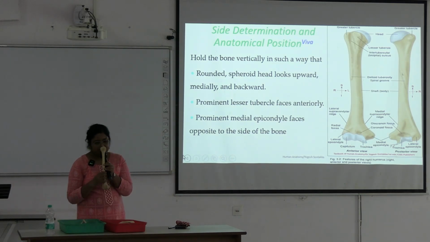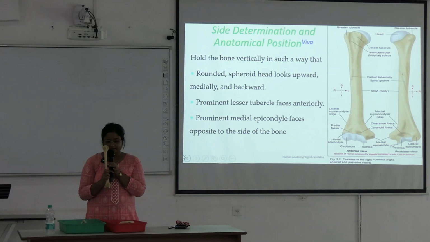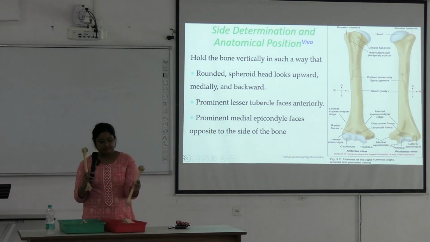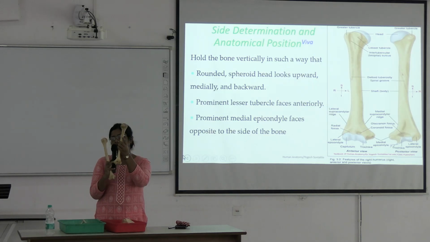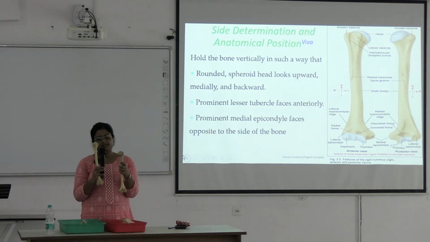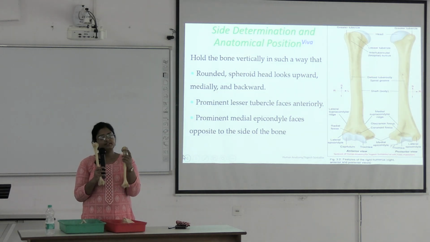So this is the right humerus and this is the left humerus. See this medial epicondyle more projecting medially, head is directed upward, medially and backward, and this lesser tubercle is projecting forward.